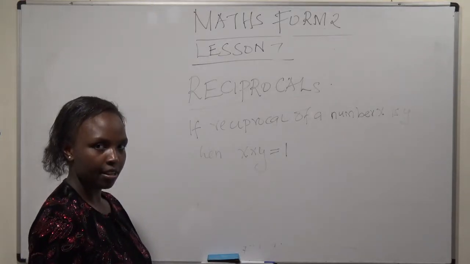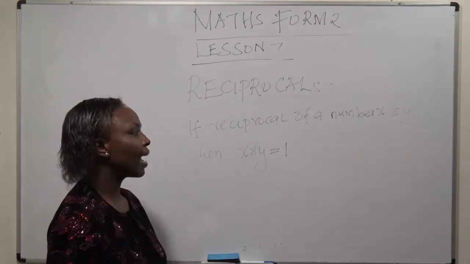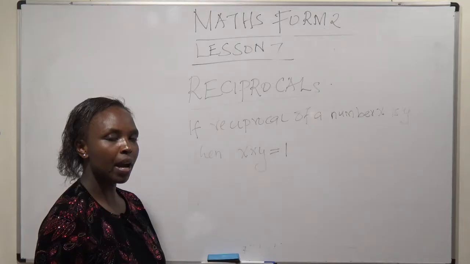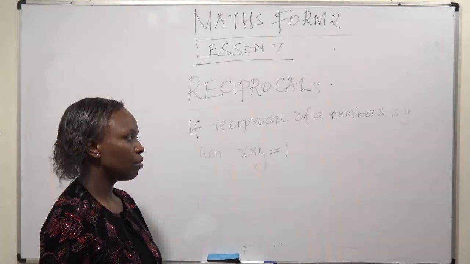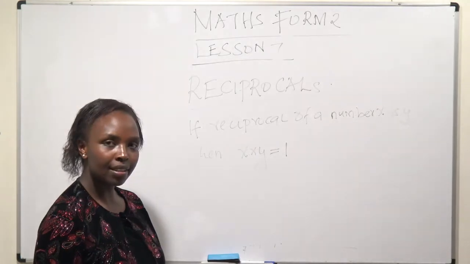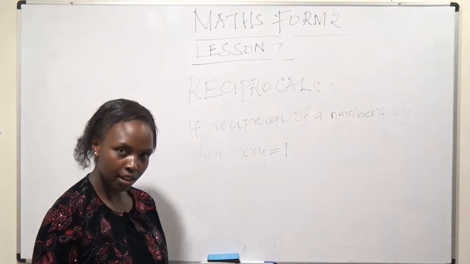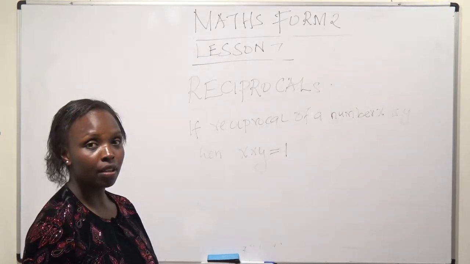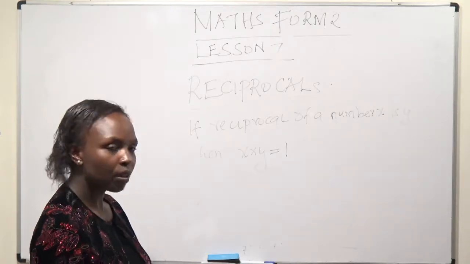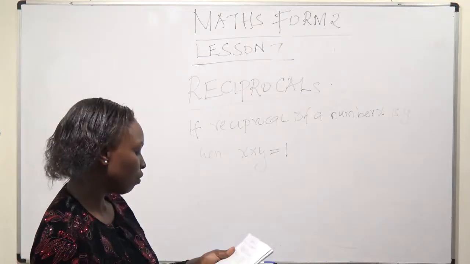Note that. If the reciprocal of a number x is y, then if you take x multiplied by y, you are supposed to get 1. So the reciprocal of a number like 7 is 1 over 7. If you take 7 multiplied by 1 over 7, you get 1. And that is what we mean by reciprocal. The reciprocal of 1 over 7 is 7. So that's what we mean when we talk of a reciprocal.